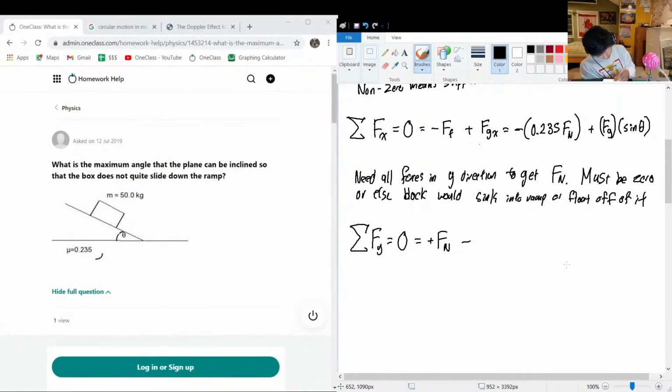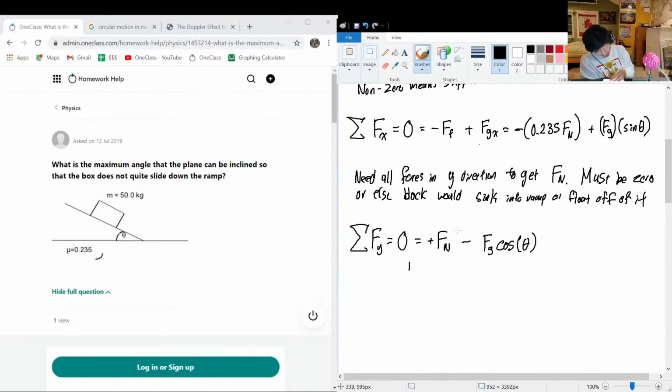So Fg cos angle. No idea what the angle is. We have to solve for that. Given that we have these two equations, we have a system of equations. Let's first solve for the normal force, and then we can keep it moving from there.